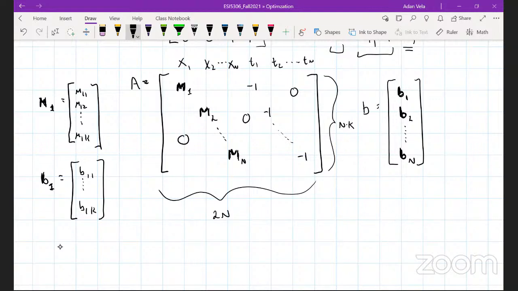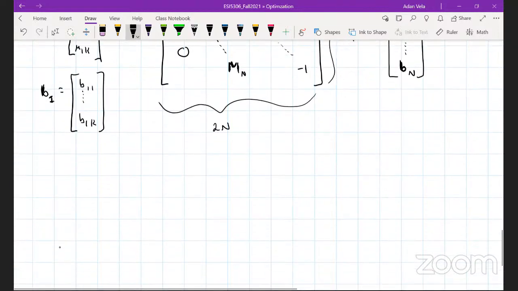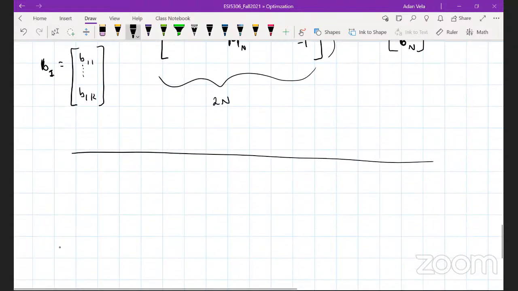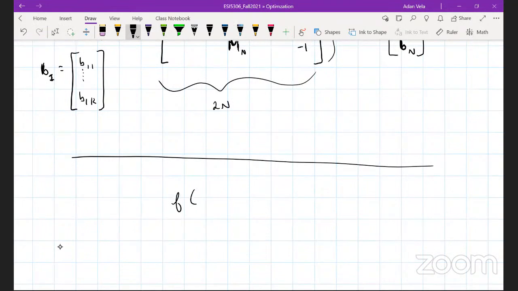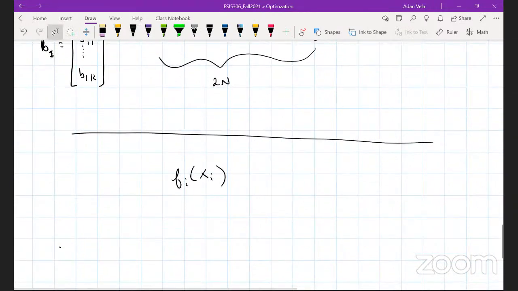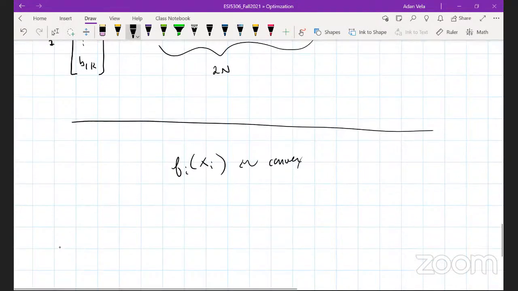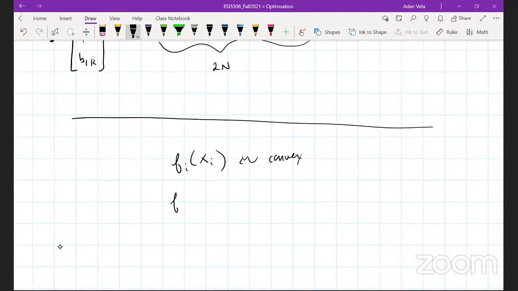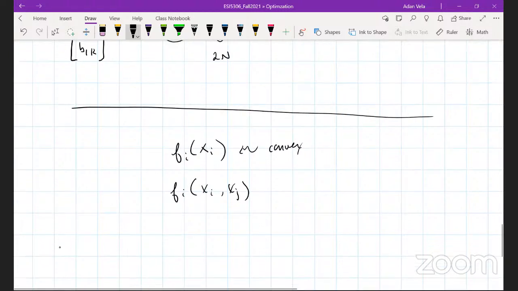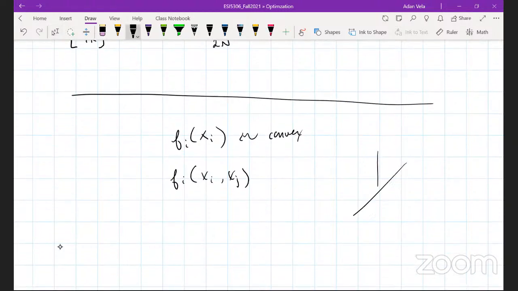Alrighty. Now for this particular formulation, we discussed functions that are separable, so in terms of fi, xi, that were convex. Now, that's not to say you can't actually apply this procedure to more complicated convex functions. So you can have a function that's convex in terms of 2 variables. It just becomes a little bit harder.